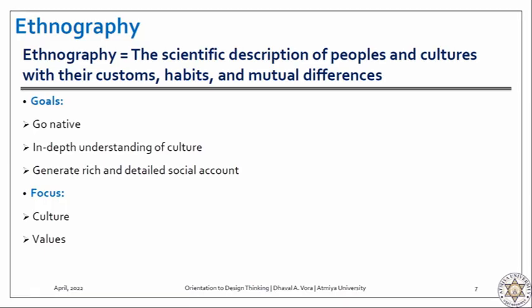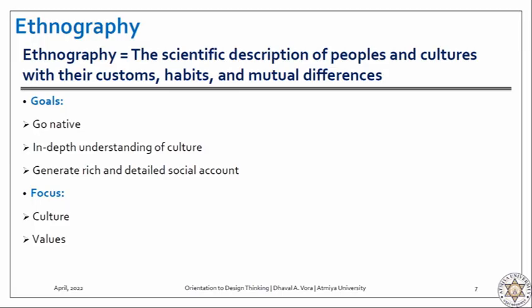The culture was such that if you purchase a Nano car, people will say he is poor, or that he comes from a middle class family. And to listen to this kind of words from somebody is not acceptable in Indian culture. So the ethnography part was missing.